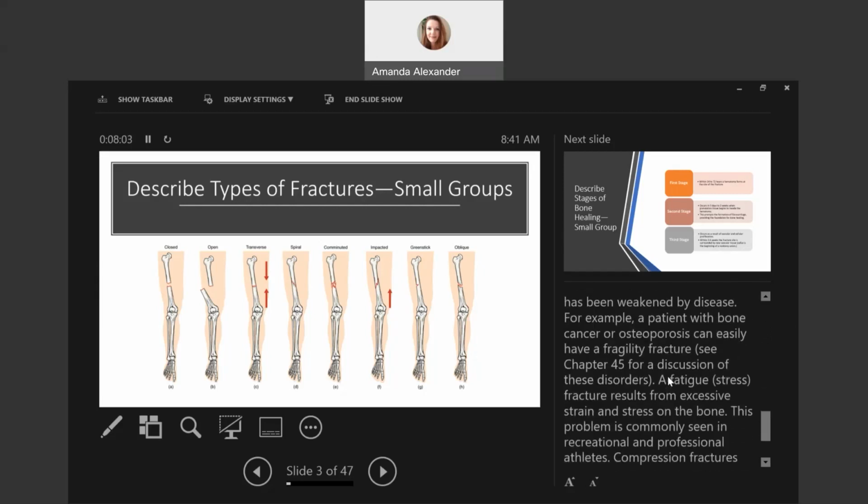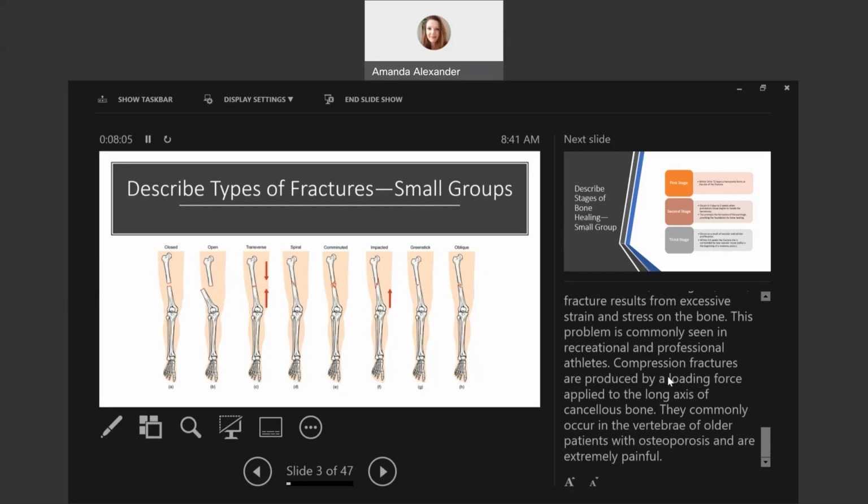Sometimes you will often see patients with compression fractures that have primary disease such as osteoporosis. So if somebody is complaining of pain with osteoporosis, this could be a compression fracture.